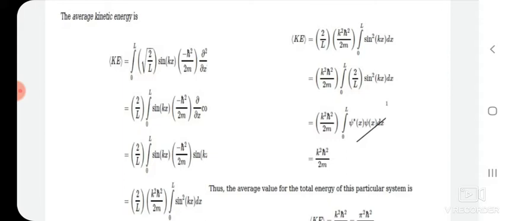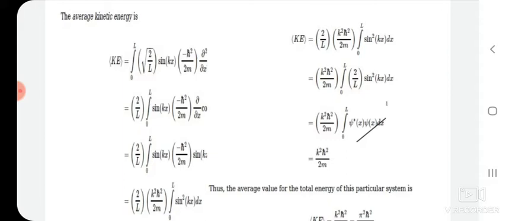Here our box is a 1D box which lies along the x direction. That's why the y and z components are 0. Therefore, psi into psi star dx.